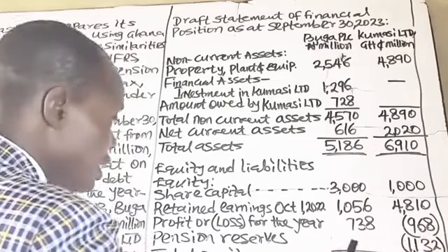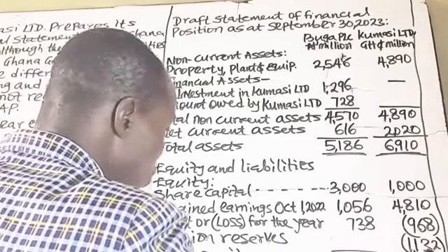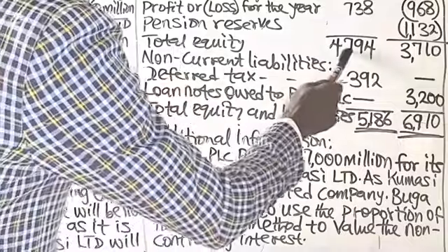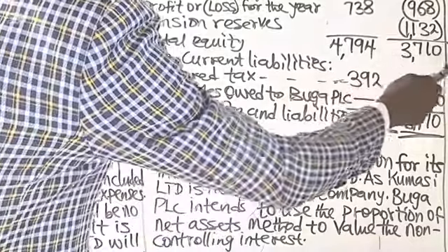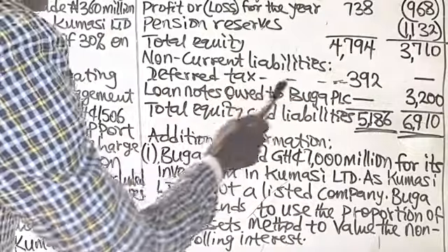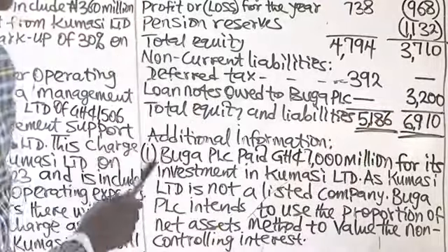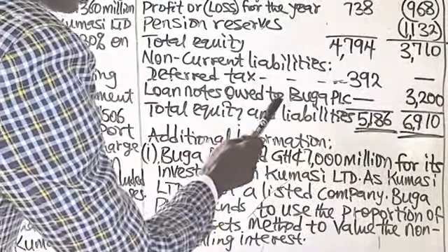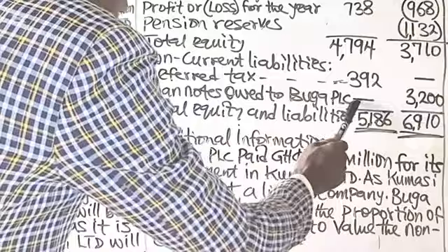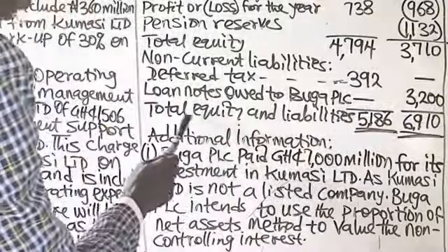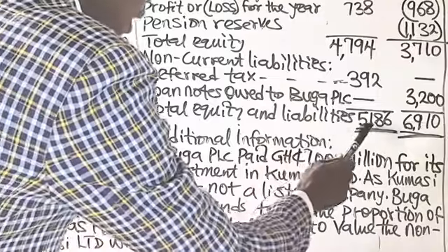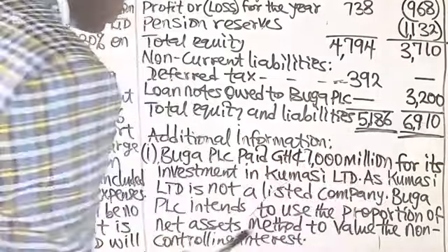Pension reserves nil and 1,132. Total equity 4,794 and 3,710. Non-current liabilities, deferred tax 392 and nil. Loan notes owed to Buga PLC nil and 3,200. Total equity and liabilities 5,186 and 6,910.